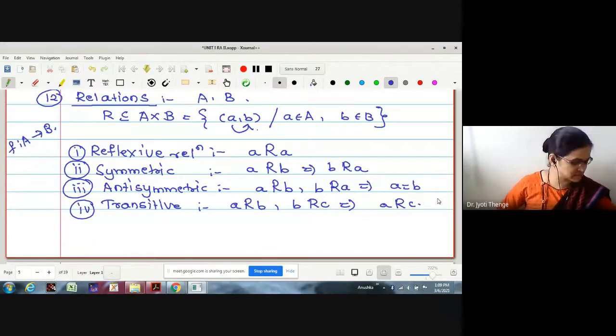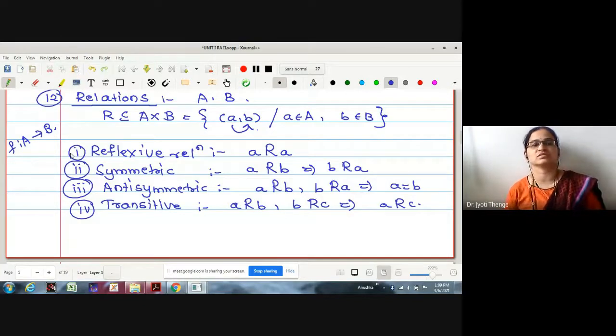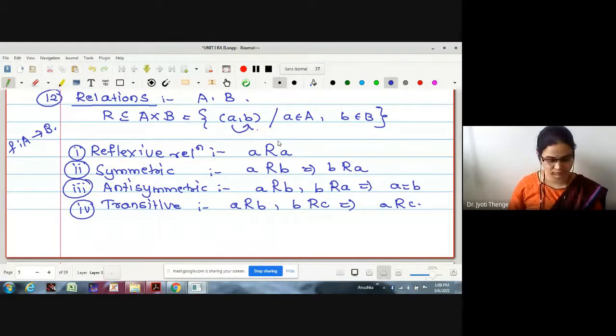One can discuss examples of relations, right? Can anyone tell me an example of a reflexive relation?